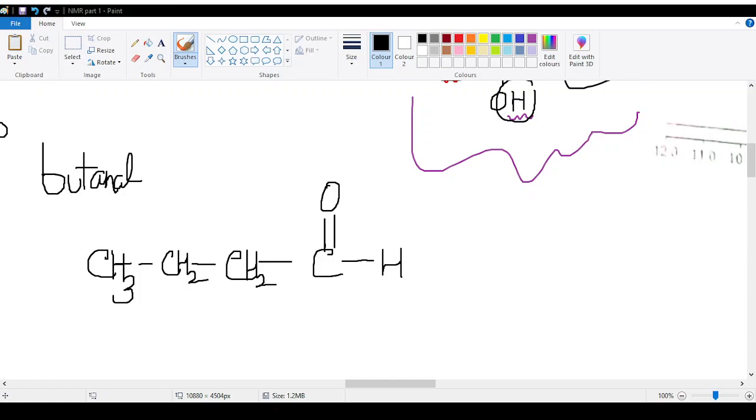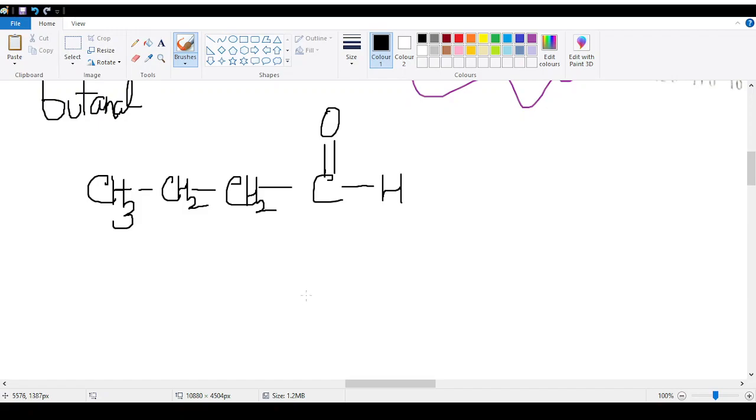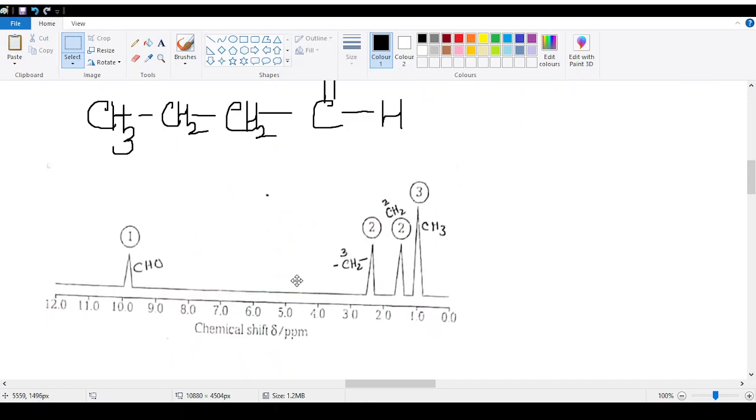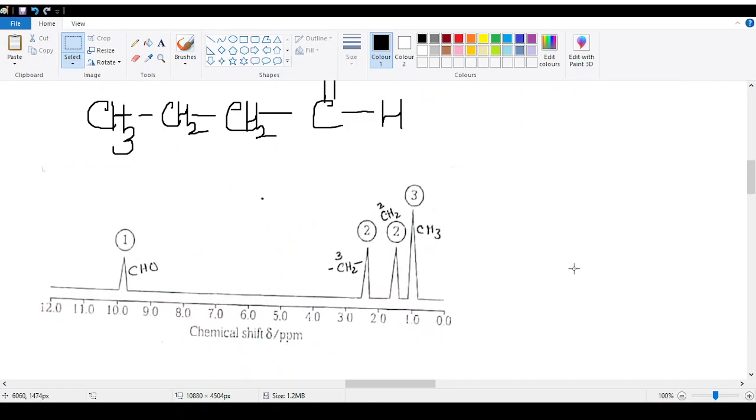Three or four? Most probably it will be four. Yes, it will be four.